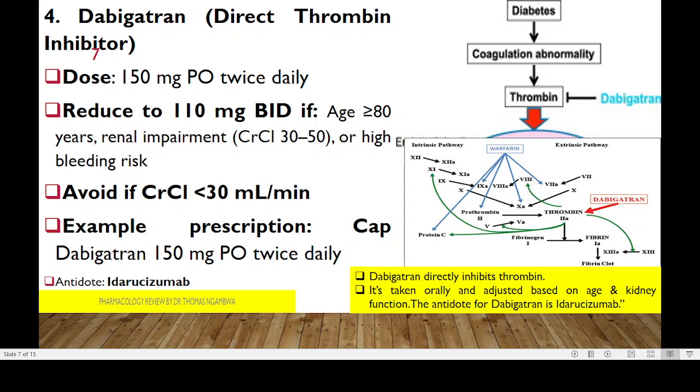You avoid it if the creatinine clearance is less than 30 mL per minute. Example, dabigatran 150 mg per oral twice daily. Remember, the antidote for this drug is idarucizumab.